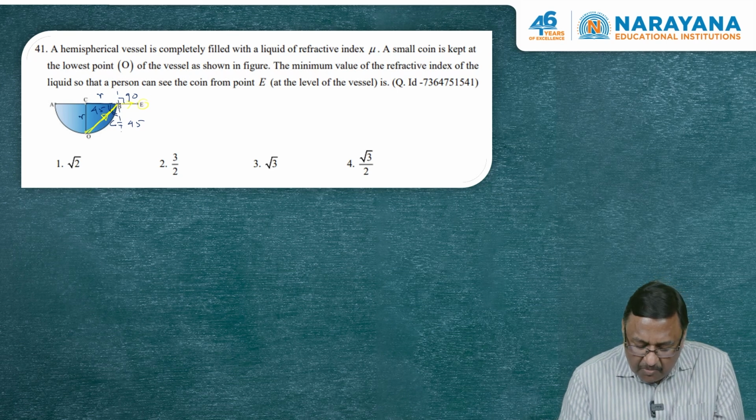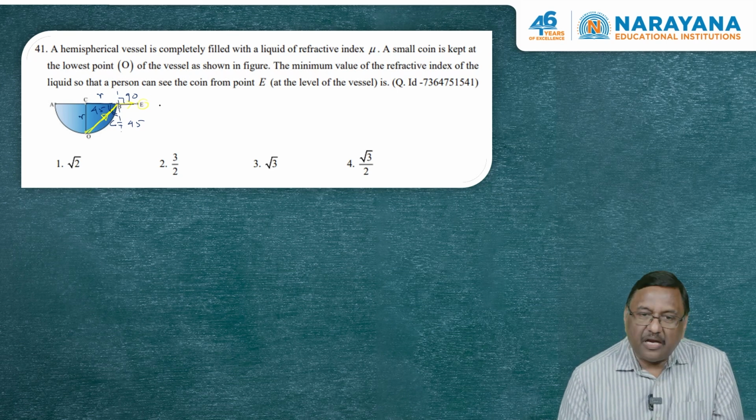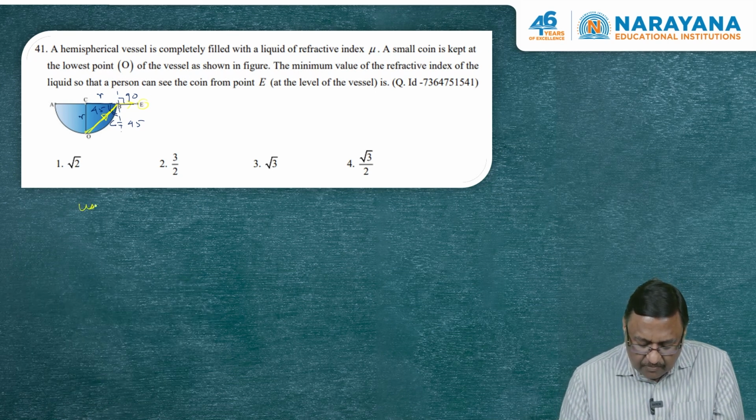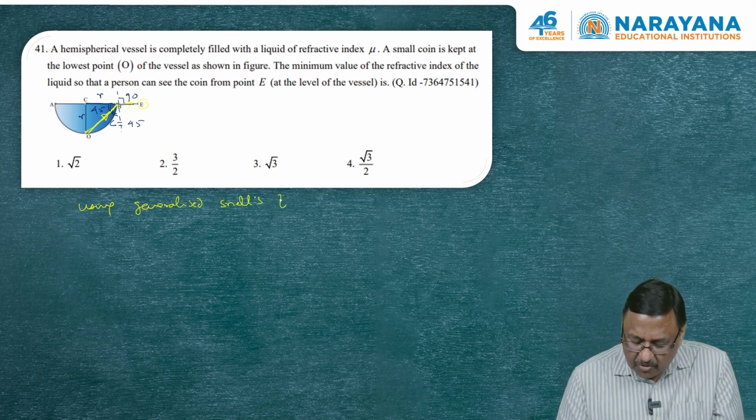There is an emergence in this direction, so you use the generalized Snell's formula. Using this generalized Snell's formula, I can write it easily.